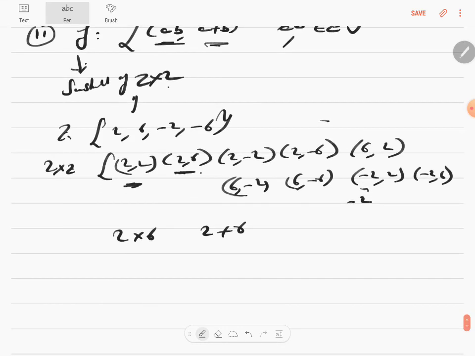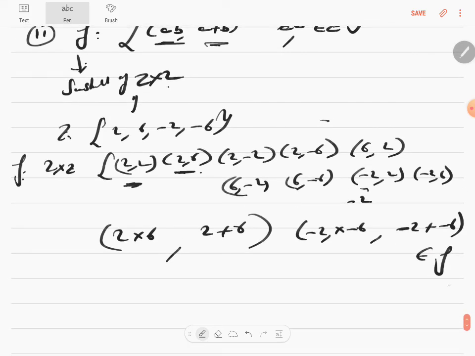Similarly, take minus 2 into minus 6, and minus 2 plus minus 6. Take these two examples. Definitely these belong to the function because you just did it.